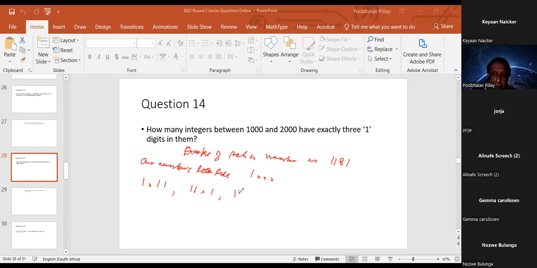And if you leave the 4th digit out, you get that. So our numbers look like that. All these numbers have got three 1s in them, but you must make sure that this digit here is not 1. Otherwise, you get four 1s. So the question is, what must you put inside here? It's 1, blank, 1, 1.